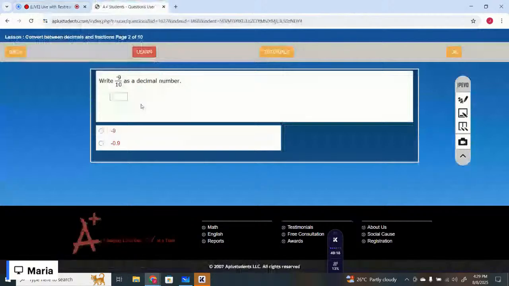Write -9/10 as a decimal. So it would be -0.9, option number 1.